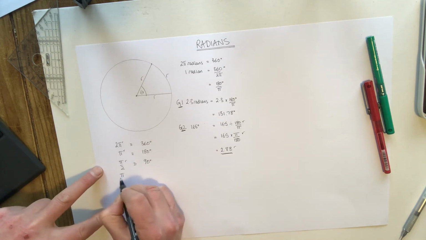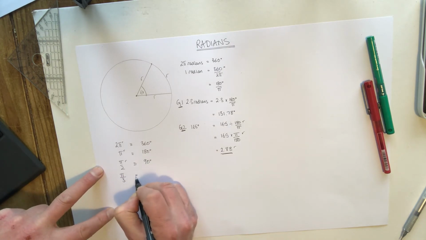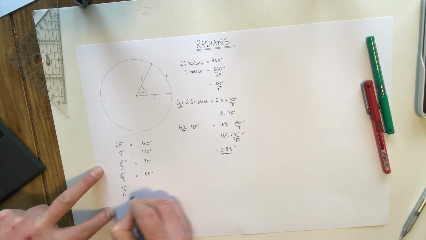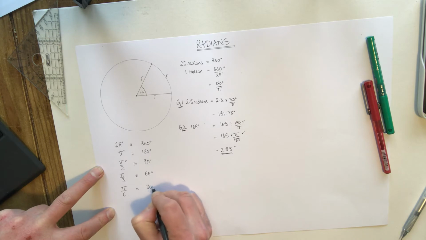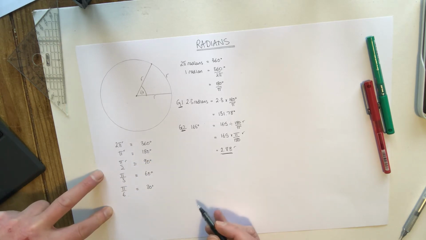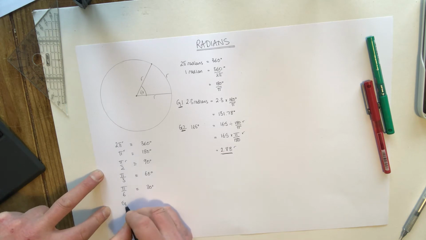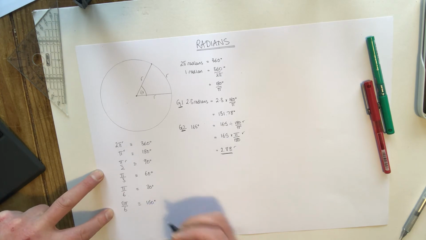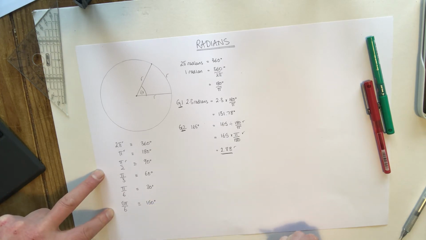Other common ones are pi over 3 is 60 degrees, pi over 6 is 30 degrees, and obviously then you've got the multiples of these. So for example, 5 pi over 6 is 5 lots of this, which is 150 degrees.